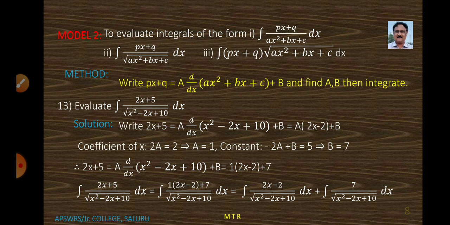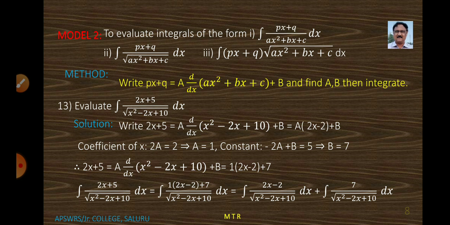Let us see the first example, the 13th problem. Evaluate the integral 2x plus 5 by square root of x square minus 2x plus 10 dx. You observe this is of the form integral px plus q by square root of ax square plus bx plus c; in model 1 there is no 2x plus 5. So this is model 2.